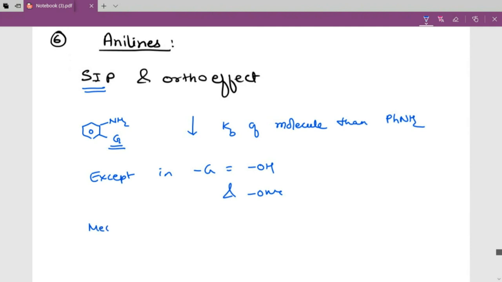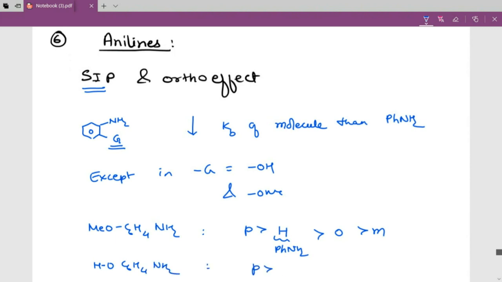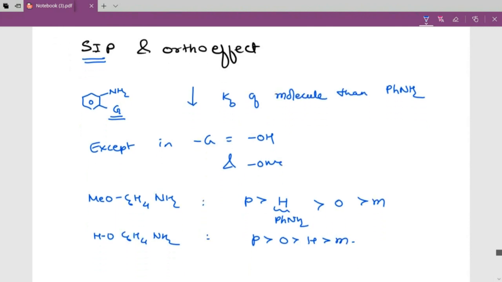For MeOC6H4NH2: para, then hydrogen, that is PhNH2, then ortho, then meta. And for HOC6H4NH2, there is no ortho effect in aniline.